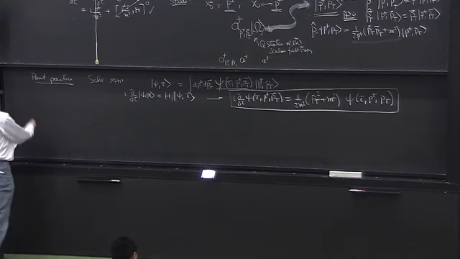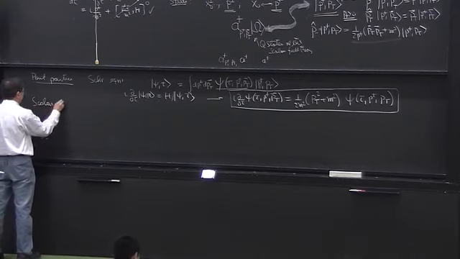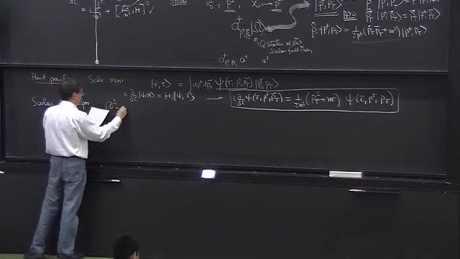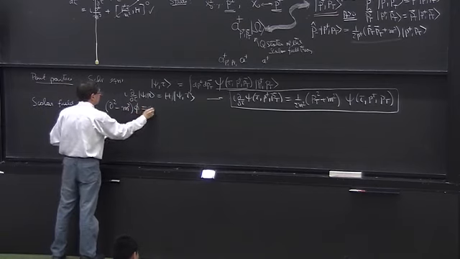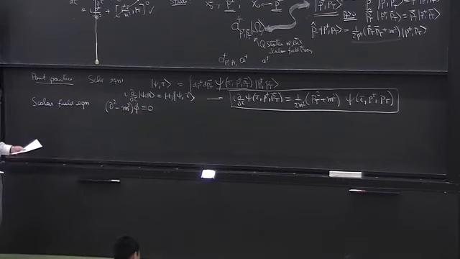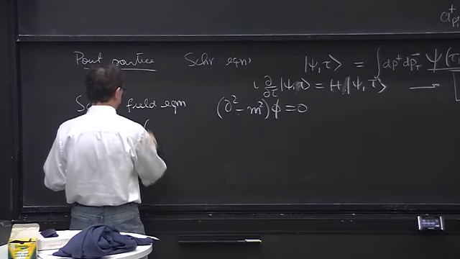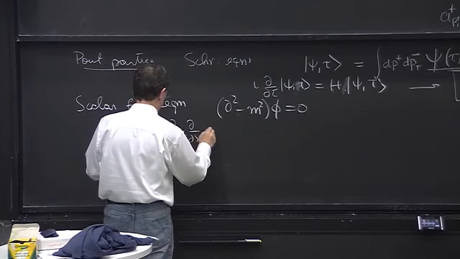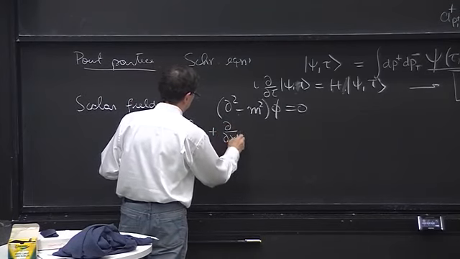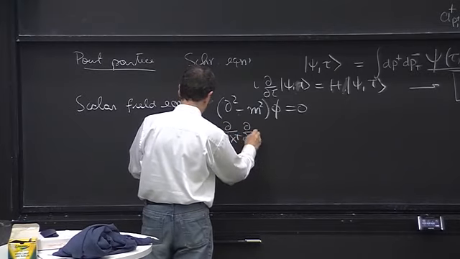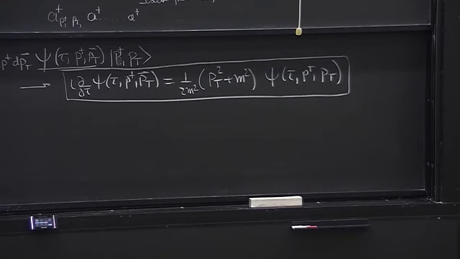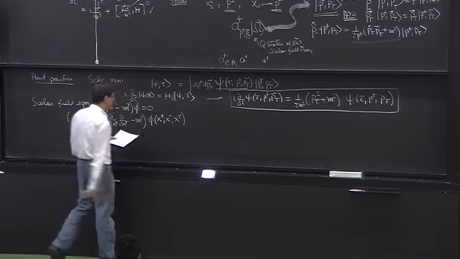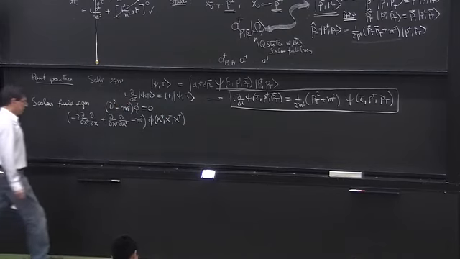Now let me remind you of the scalar field equation. That was (∂² − m²) φ = 0. Well, let's look at it in the light cone. This is −2 ∂/∂x+ ∂/∂x− + ∂/∂x_T ∂/∂x_T − m², times a φ that depends on x+, x−, and x_T, equals 0.